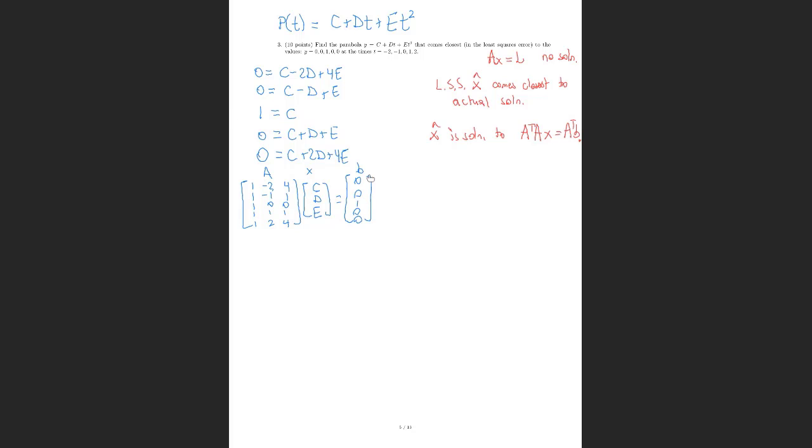Okay. And so as I was saying, this equation will have no solution since there is no parabola passing through the 5 points. So we're going to find the least squares solution instead. So to get the least squares solution, we'll need to calculate A transpose A as well as A transpose b. So let's do that first.